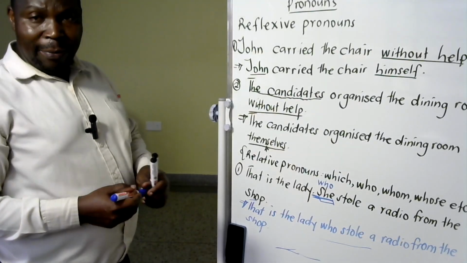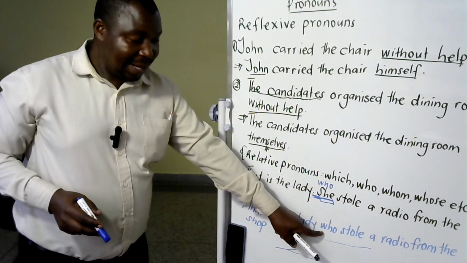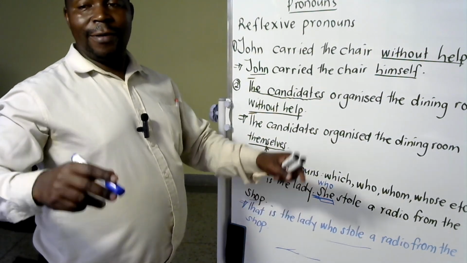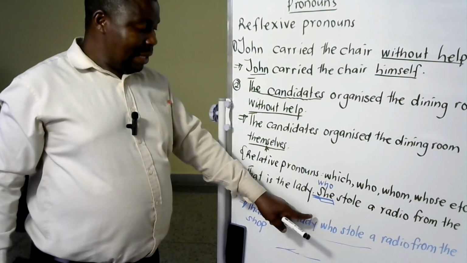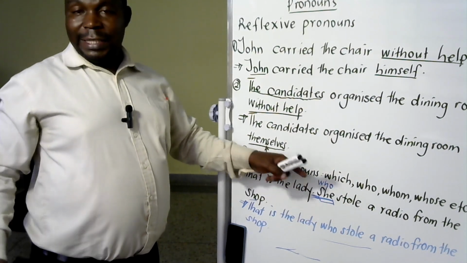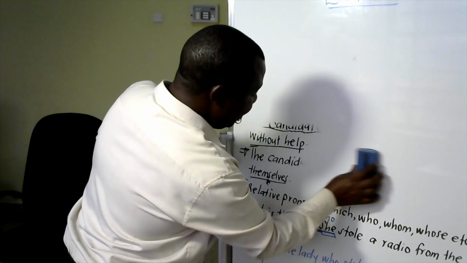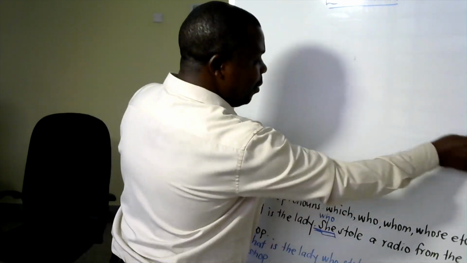Now, ladies and gentlemen, when you look at this, the word she has been substituted with the word who because both of them are pronouns. This is a personal pronoun or subject pronoun, and this is a relative pronoun. Since they are all pronouns, they substitute one another. There is also this pronoun. It's very tricky.